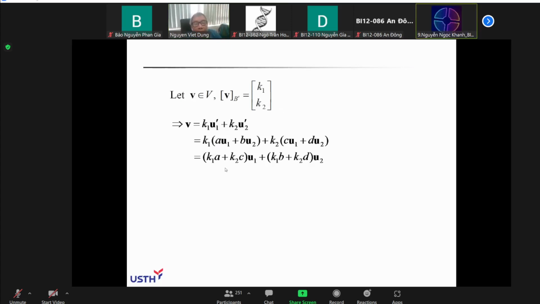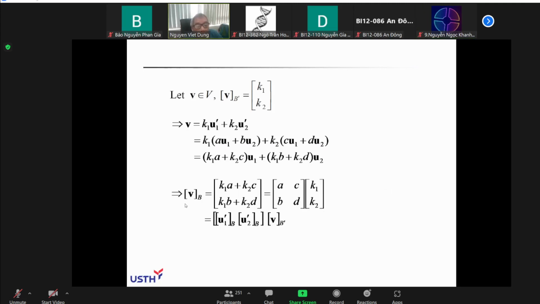Now V equals that number multiplied by U1 and that number multiplied by U2. It means that the coordinates of V relative to the basis B are that number and that number.